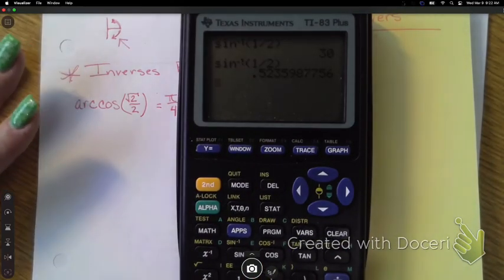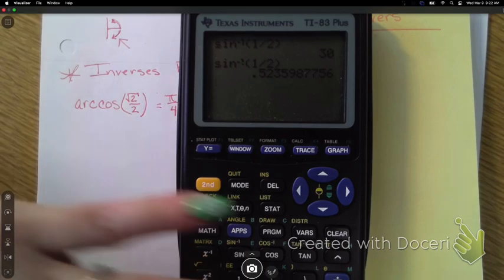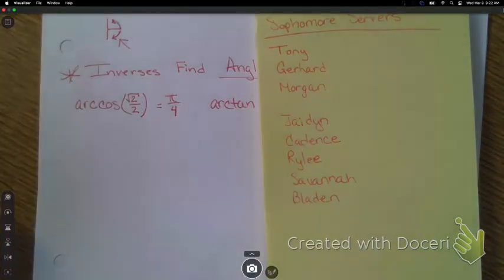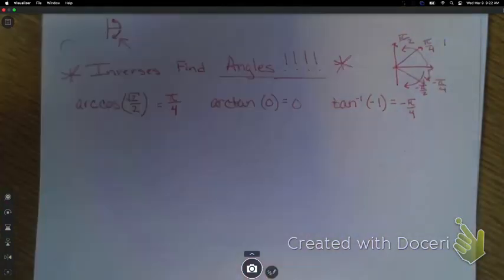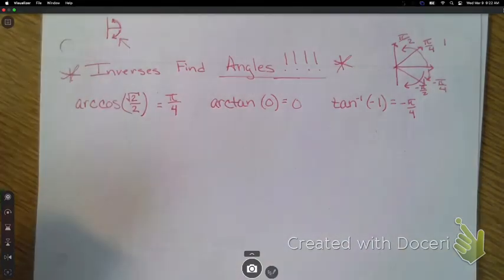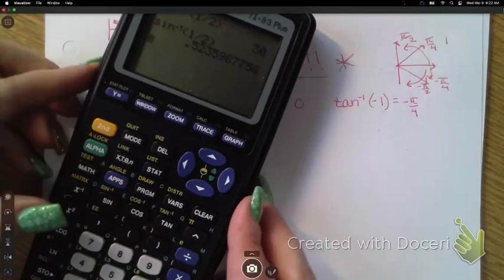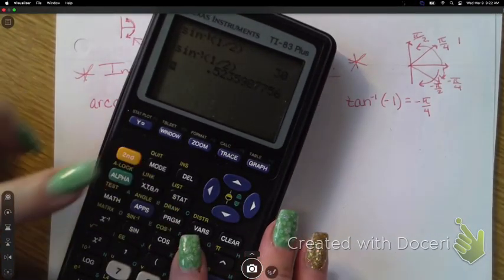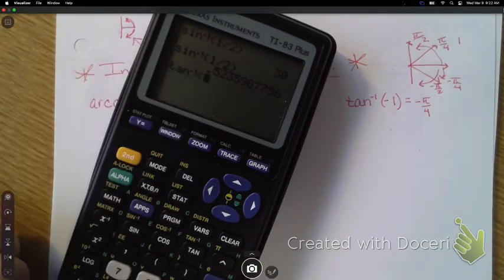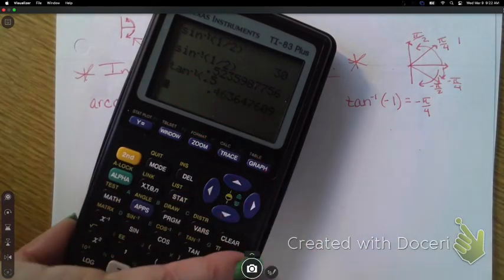Did you say to leave it in radians? Yeah, I would leave it in radians. I think they want it in radians, but read the directions. When you typed in inverse tangent of 1/2, what did you get? I get 0.4636.